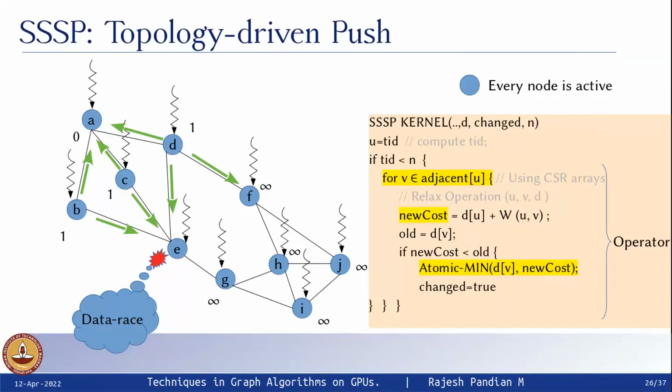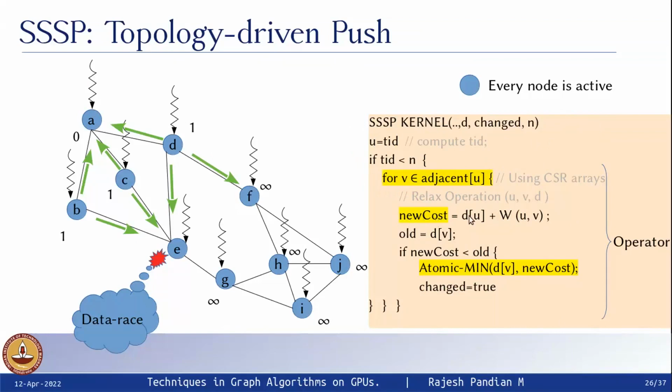But this code snippet that we are showing here is the operator, and u being the thread id, the current node that is being operated on, and v being all the neighbors of u.